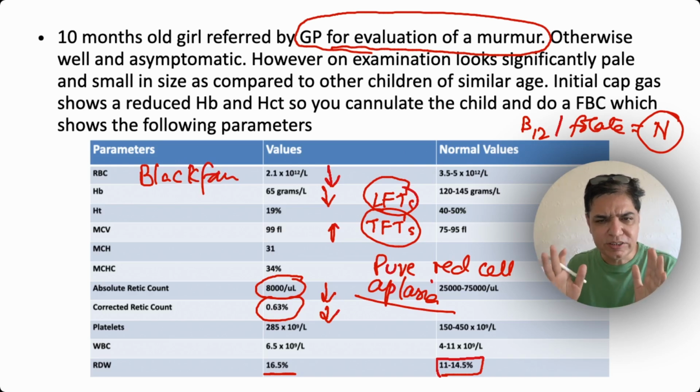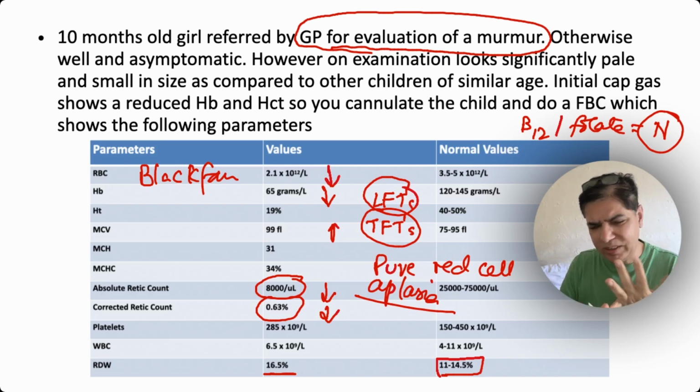Now at this age, if somebody has macrocytic anemia, okay, fine, whether this child has chronic liver disease or thyroid problems, which is usually unusual at this age, tests have also been done.